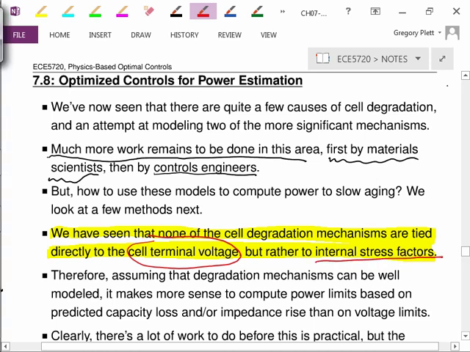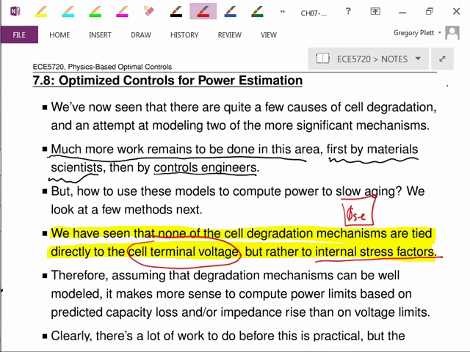Instead, there's some kind of an internal stress factor, and in both of the mechanisms that we looked at, it was phi s minus phi e. And we have a transfer function for phi s minus phi e, and that was back in the previous course. But we can compute this if we have the cell parameters.